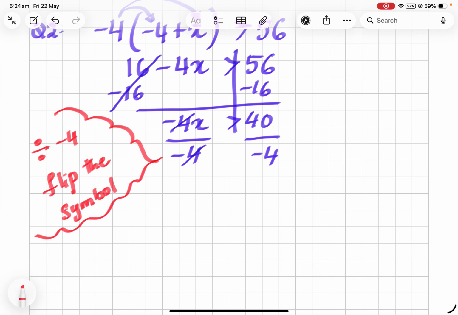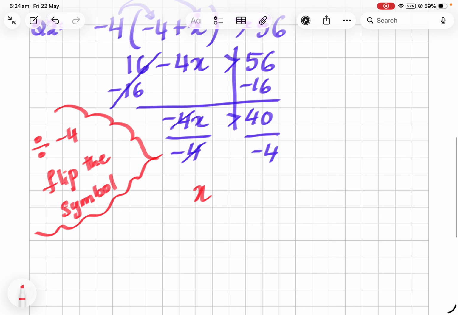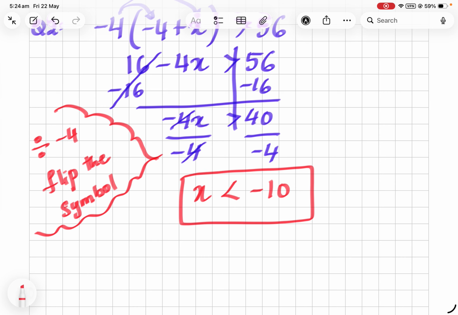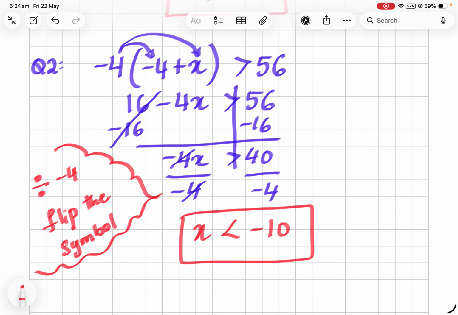So x, flip the symbol, negative 10. Whenever you are either multiplying or dividing by negative numbers, remember to flip the symbol. We started off facing this way, and now we are concluding facing the other way. This happens only when you are dividing or multiplying by a negative number.